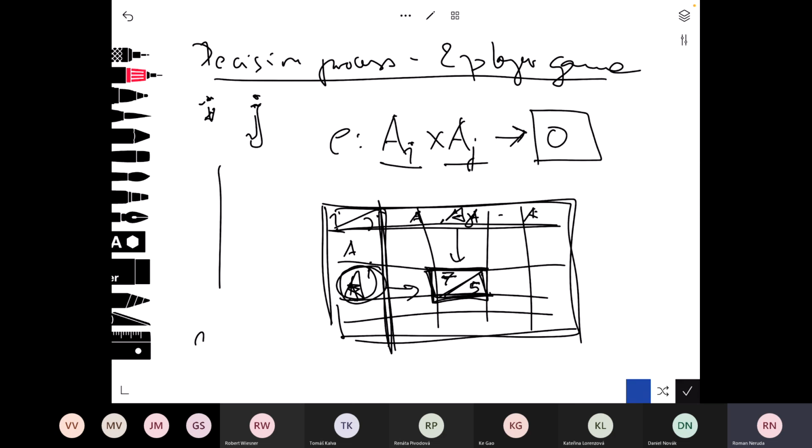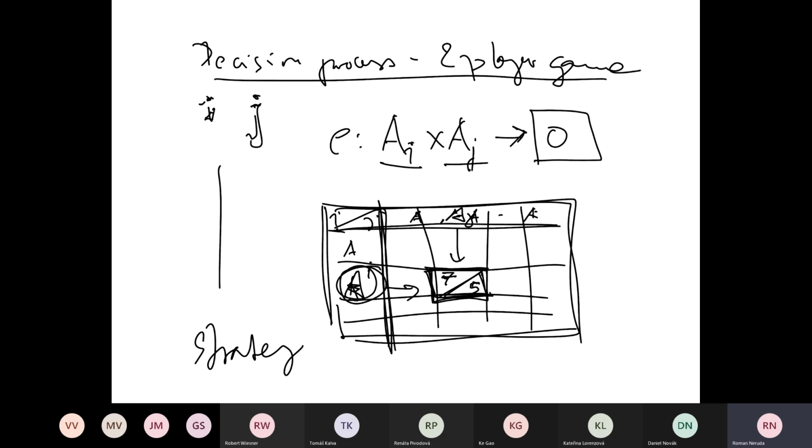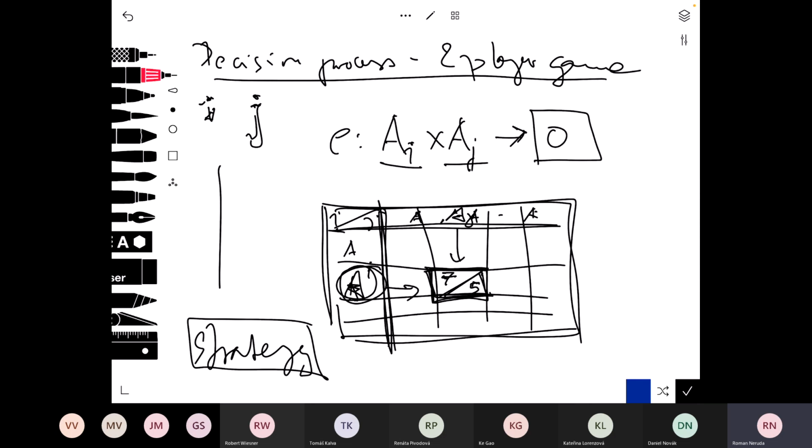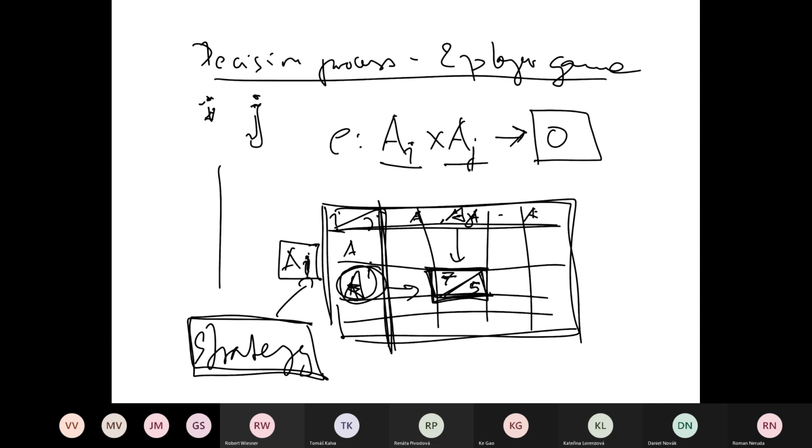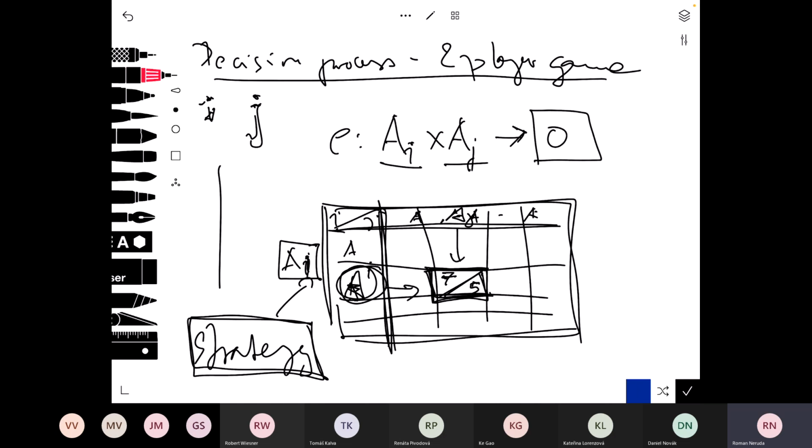The strategy means what you are choosing, so the strategy is telling you to take the action A_I.